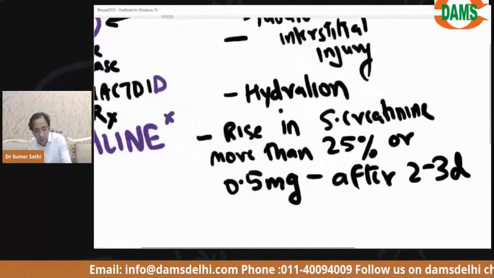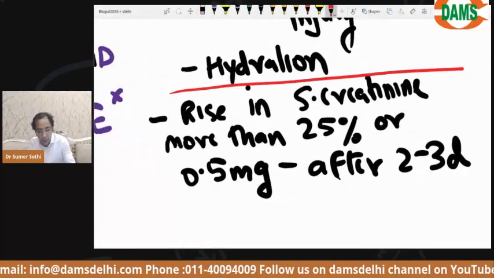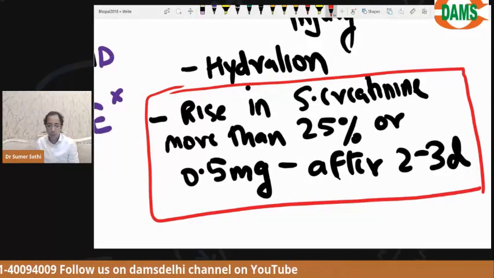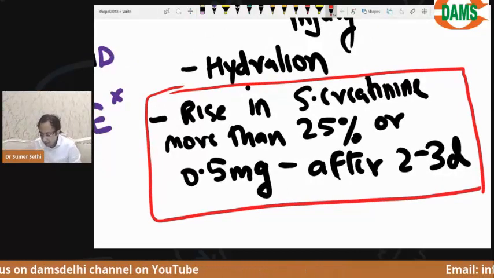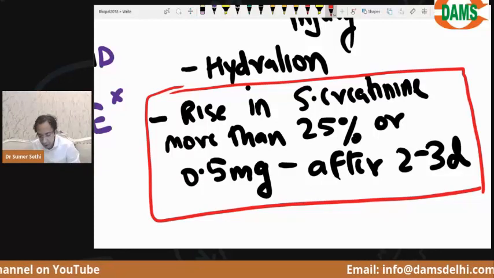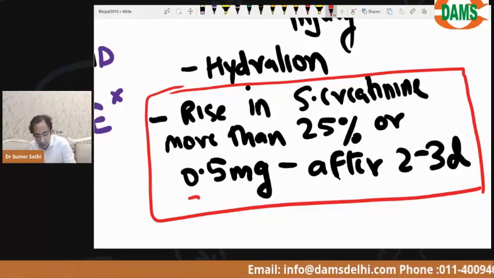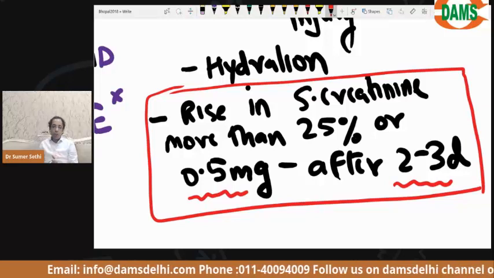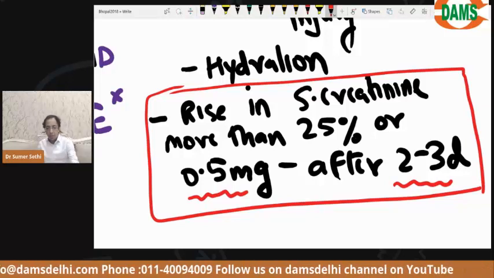That means, let's understand, if you get a CT done today, beta ji, and you find that the patient's creatinine rises more than 25% or more than 0.5 milligram after 2 to 3 days, you will call it contrast mediated nephropathy.